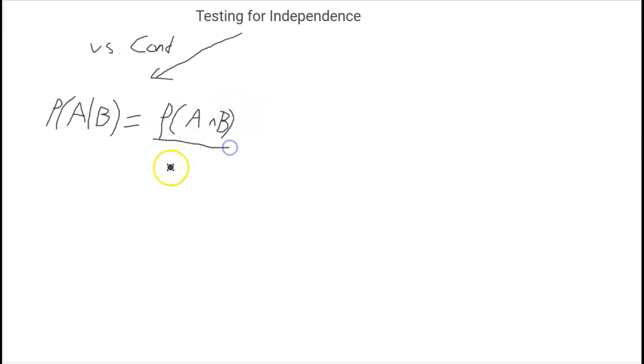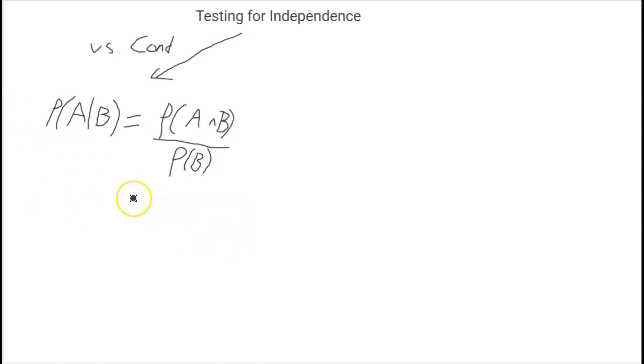We take that intersection and compare it to the size of the condition, and that fraction is the conditional probability of A happening, knowing that B already happened. So there's the conditional probability.